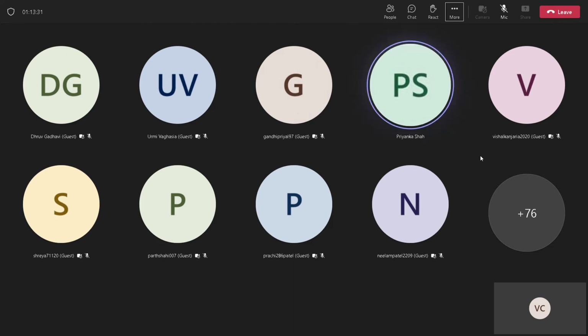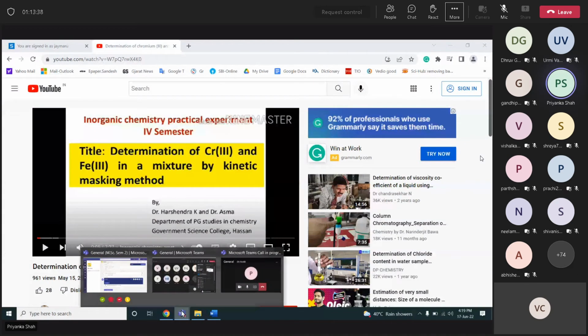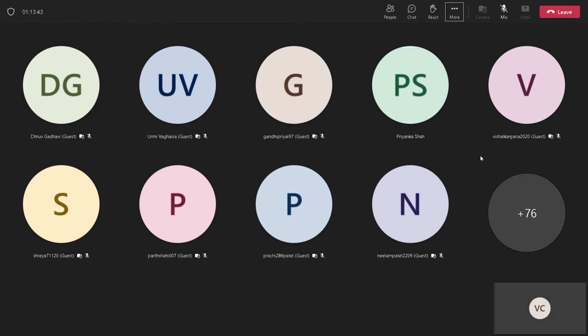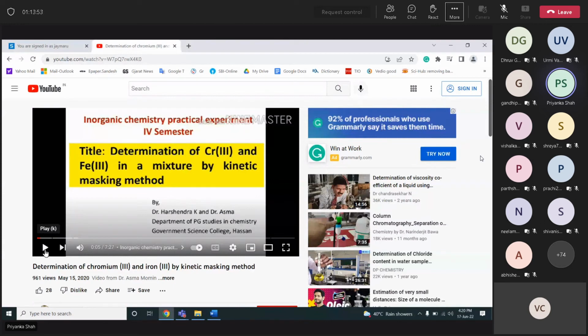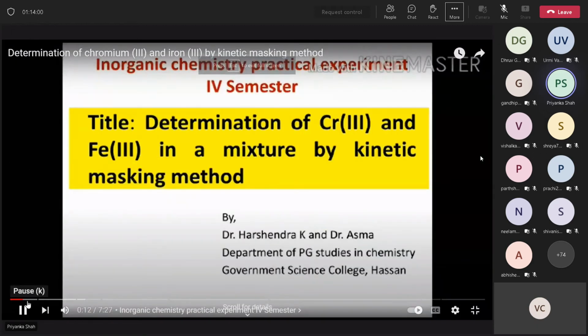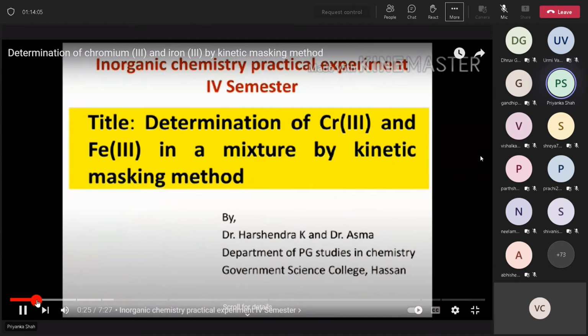Okay, I'm sharing my screen again. The title of the experiment is Determination of Chromium 3 and Iron 3 in a mixture by kinetic masking method.